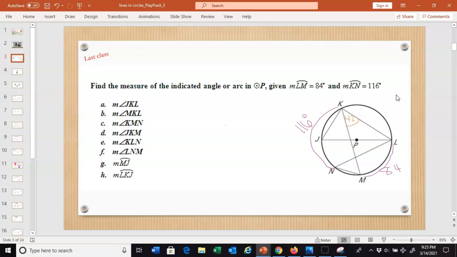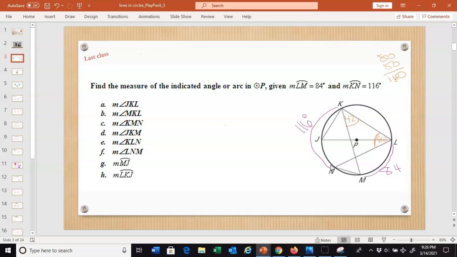And we can do the same thing for the angle that's across from KN, right? That's going to be this big angle here. Just make sure that you're grabbing the angle that intercepts that arc. And that's going to be half of 116, which is 80? Why do I feel like that's too easy?